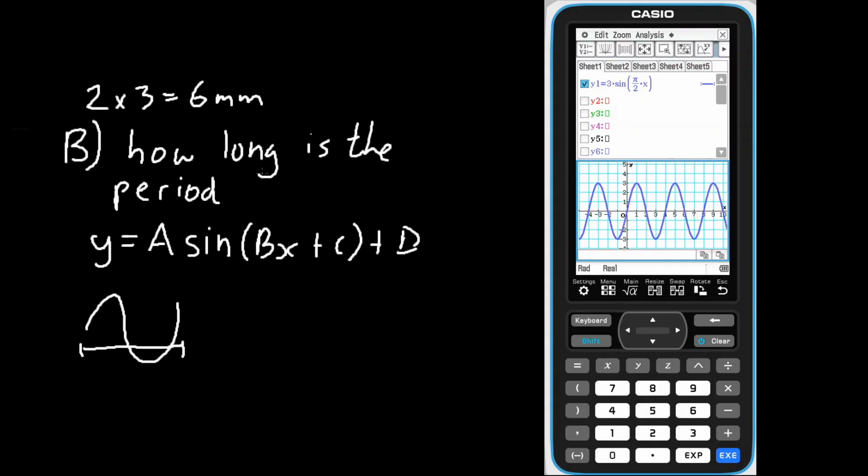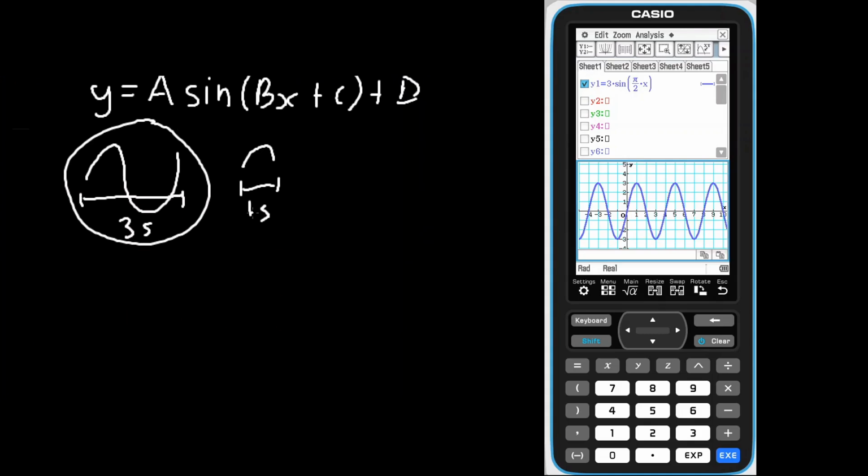Whereas the frequency is how much of it is done in a particular second. So we're trying to figure out this one here, the period. The equation you need to know is that T is equal to 2 pi over b, or it's equal to 1 over frequency.